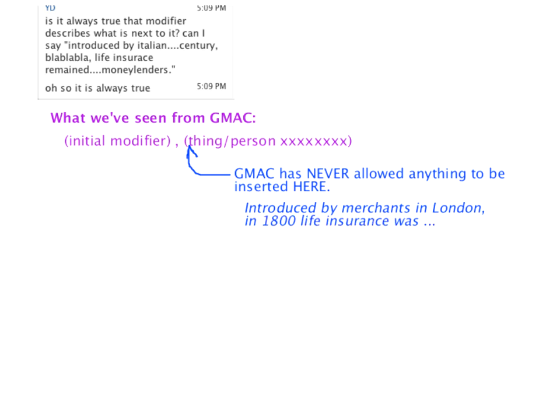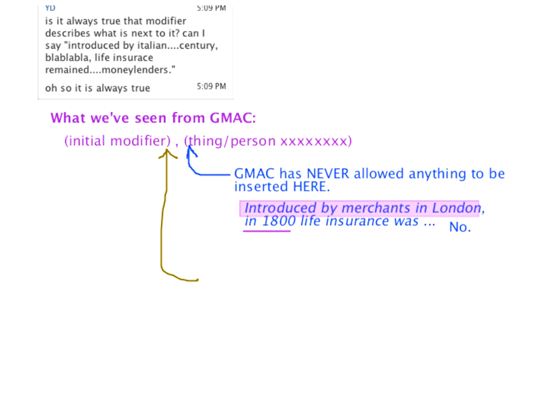This is enough, as far as we have seen from them, to eliminate, because this is the initial modifier, introduced by merchants in London, comma, and then the "in 1800" is stuck in the part after the comma. We haven't seen them do that. Now, what we have seen them do is if you have another thing that is actually part of the initial modifier, then that's a different story.